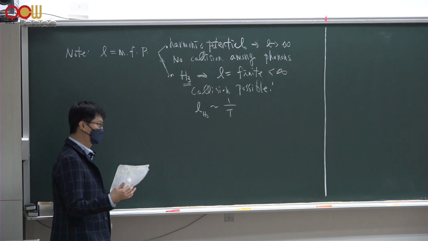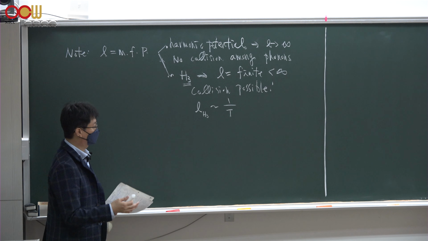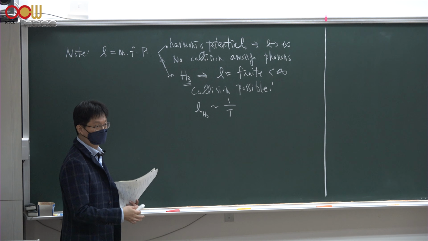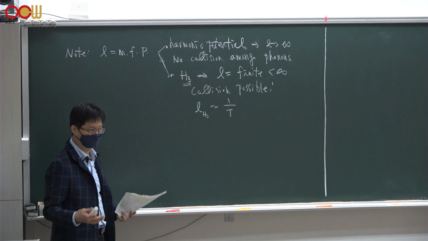If you reach a very high temperature, so that the kinetic energy of these electrons or ions is really enhanced, then these phonons can collide with another phonon pretty easily.